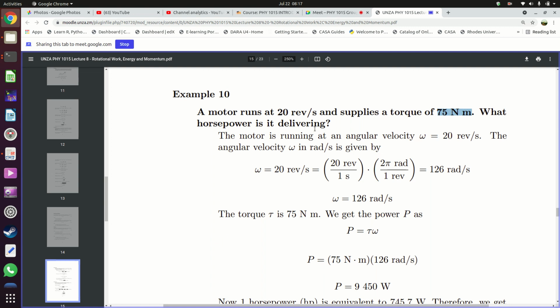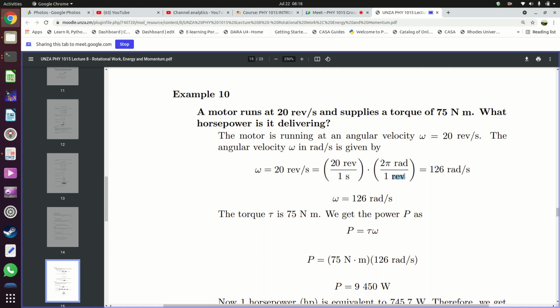So in this case, we have our angular velocity, which is 20 revolutions per second. We need to change these 20 revolutions per second into radians per second. So omega is equal to 20 revolutions divided by 1 second, multiplied by the conversion factor 2 pi radians divided by 1 revolution.